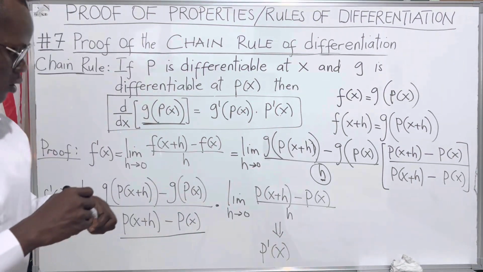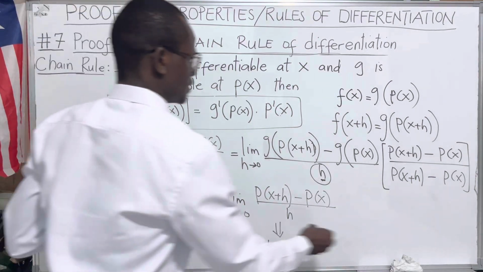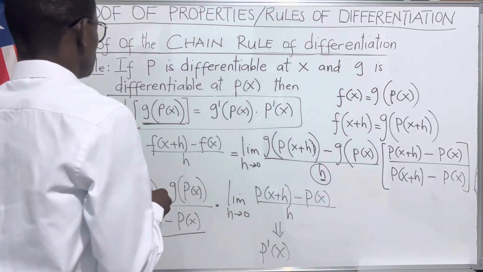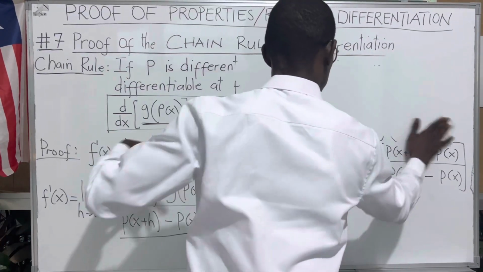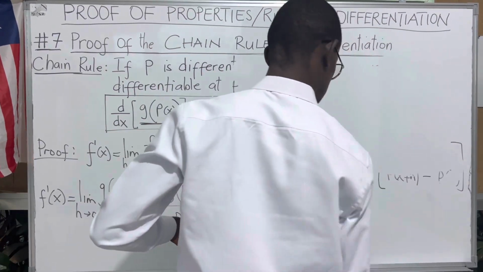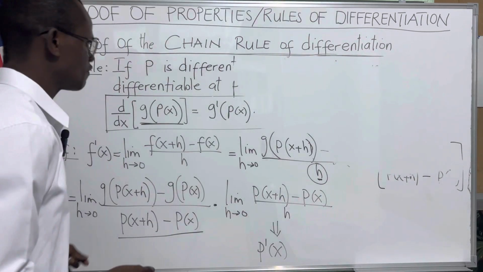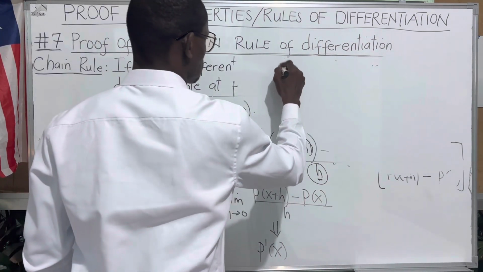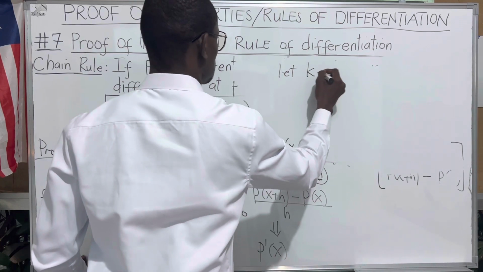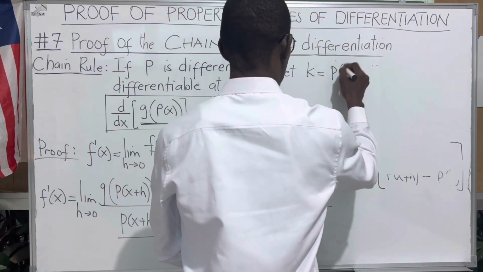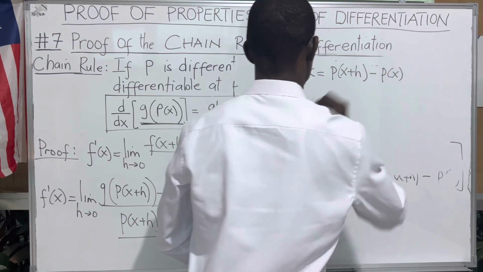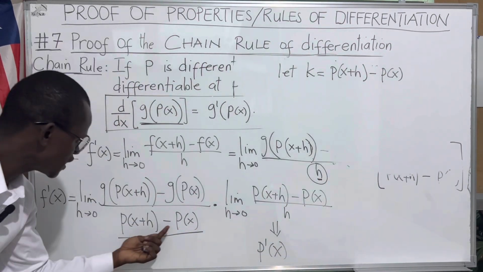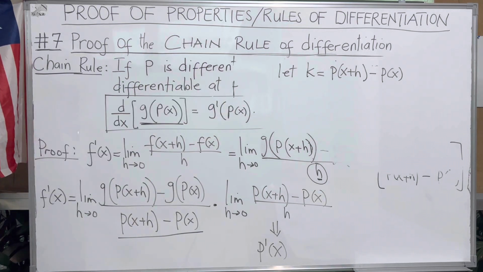So what if we say let an unknown variable, we can call that variable anything, some k? So we say let k equal p of x plus h minus p of x. And that's the first one.